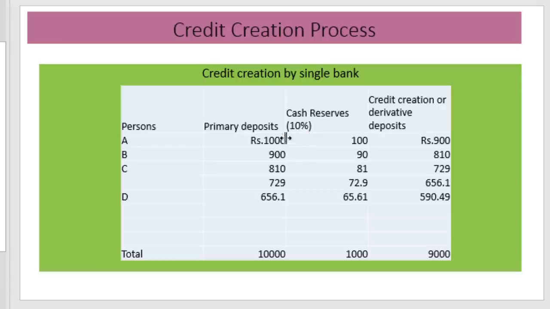Then 1,000 into 10 equals 10,000, and the total derivative deposit we can create equals initial excess reserve into credit multiplier. Here credit multiplier is 1 by CRR, 1 by 10%, that is 900 into 10, which is 9,000. The total deposit that we can create is equal to 10,000.